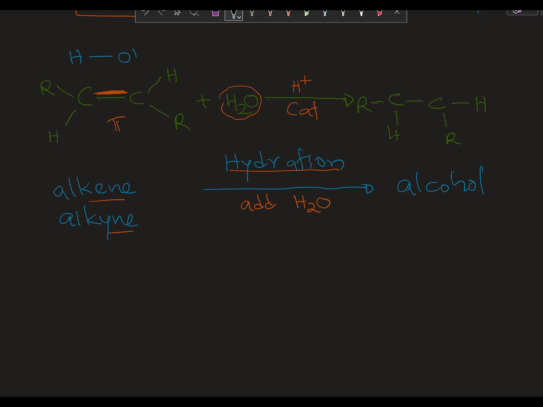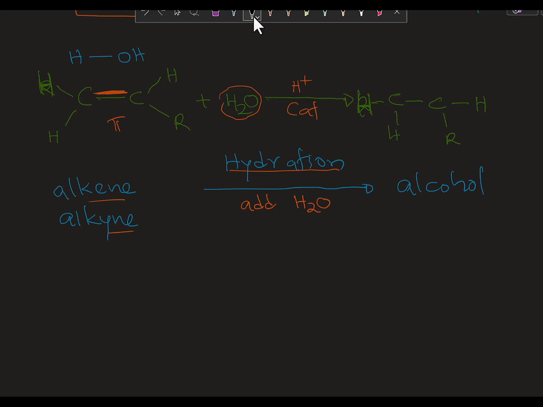So let's put the water across the pi bond this way, and then you're going to break the bonds, right? So let me put a hydrogen here, because you can see there's a difference.